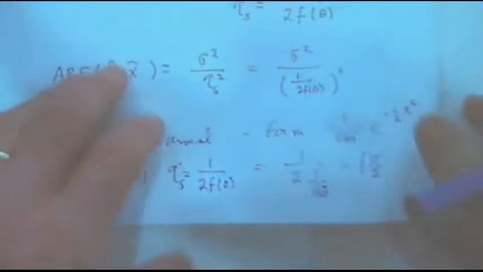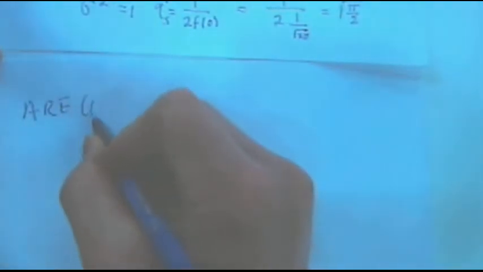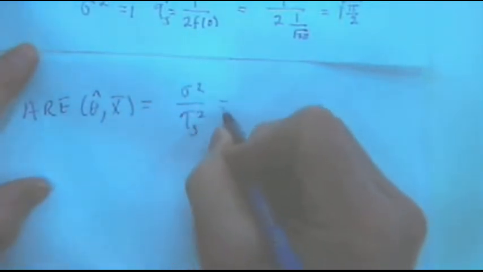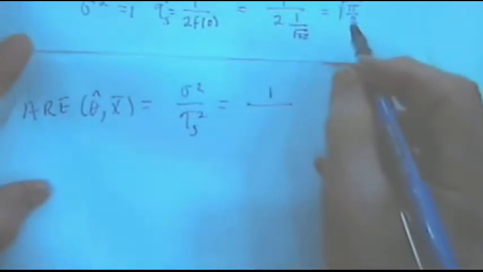Then here's the punchline. The ARE would be sigma squared over tau sub s squared, and that would be 1, and then you have to square this.